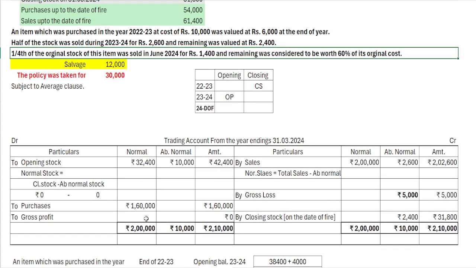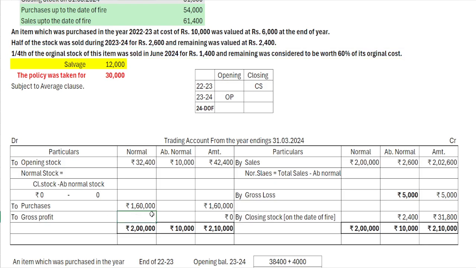Then let's find out gross profit. Gross profit is equal to the total of the normal credit column minus the total of the debit column in the normal column, which is 37,000 as the gross profit. Here 10,000 is matching, here 10,000 is matching.